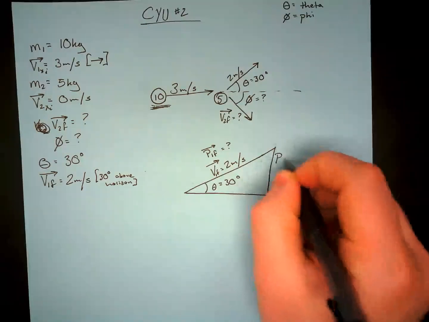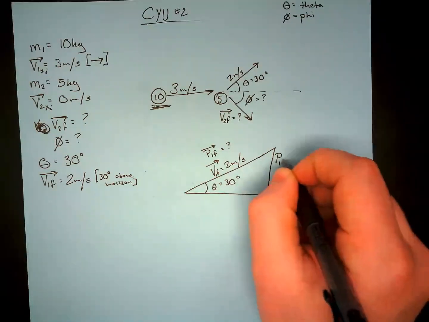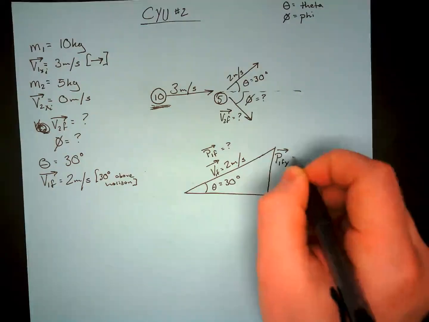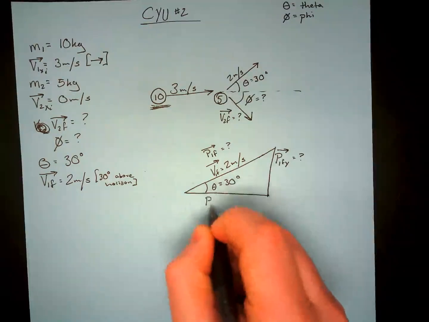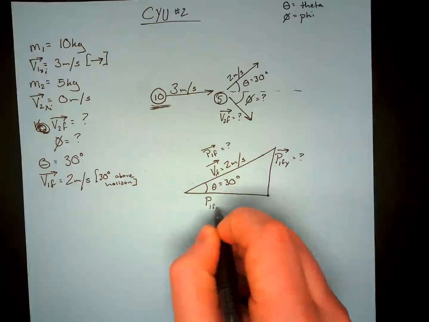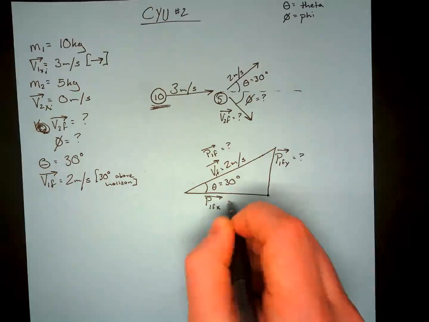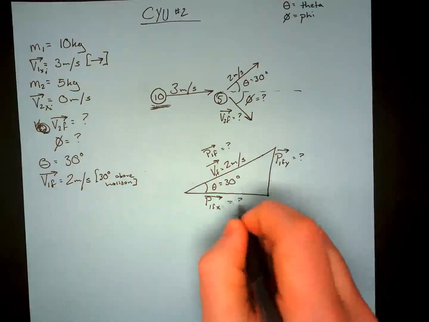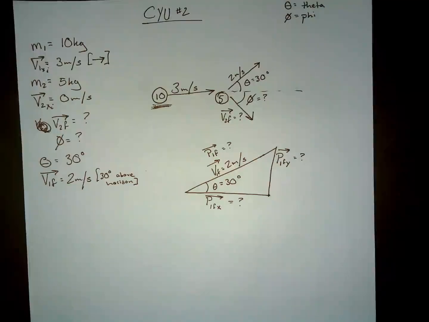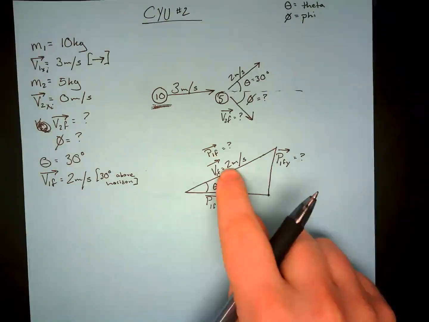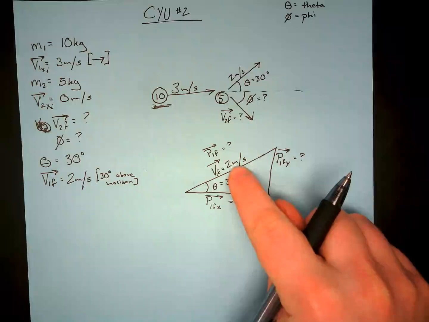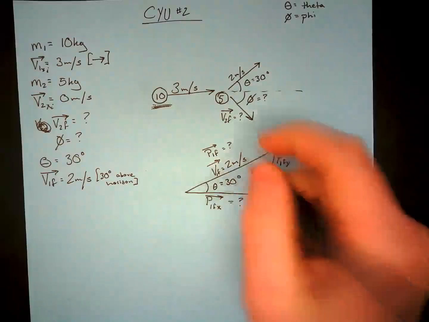We're then going to need to figure out what the final y momentum is, and then what the final momentum is in the x direction for object number 1, this 10 kilogram ball. Okay, so to find this one, relatively simple. It's going to be the final velocity it's moving in, 2 meters per second, times its mass, which is just 10.